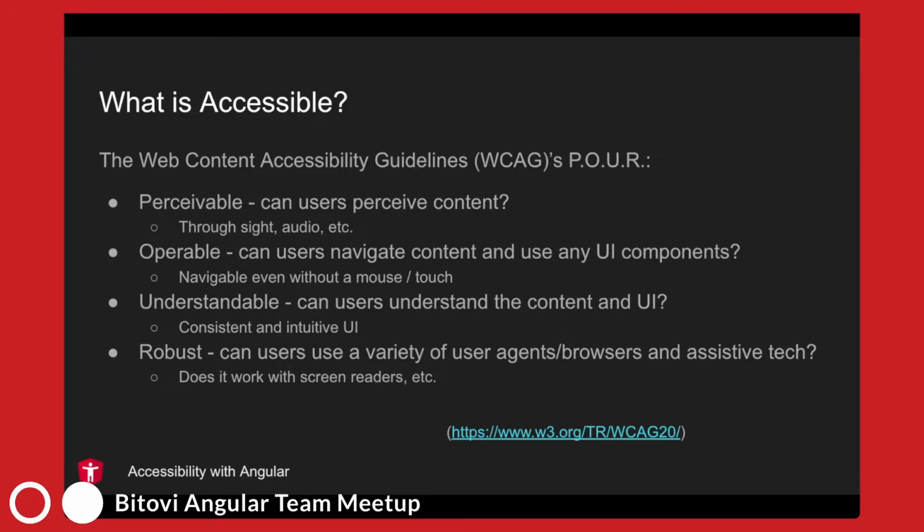This can include with a mouse or touchscreen, or using a screen reader, voice command, or just keyboard. Understandable: does the UI make sense, and does the content make sense? So a consistent, intuitive user interface. And then robust: make sure that people are able to access your content with a variety of browsers and assistive technology. So does it work with screen readers and things along those lines?